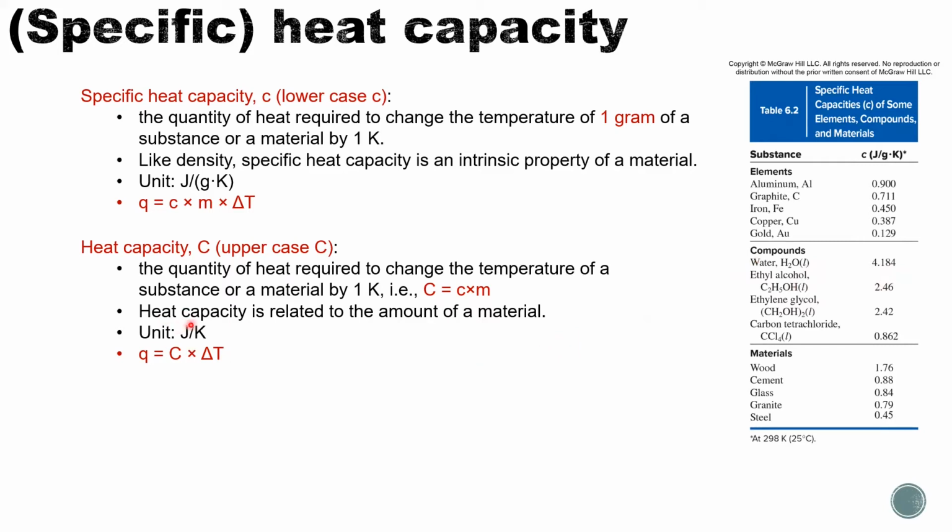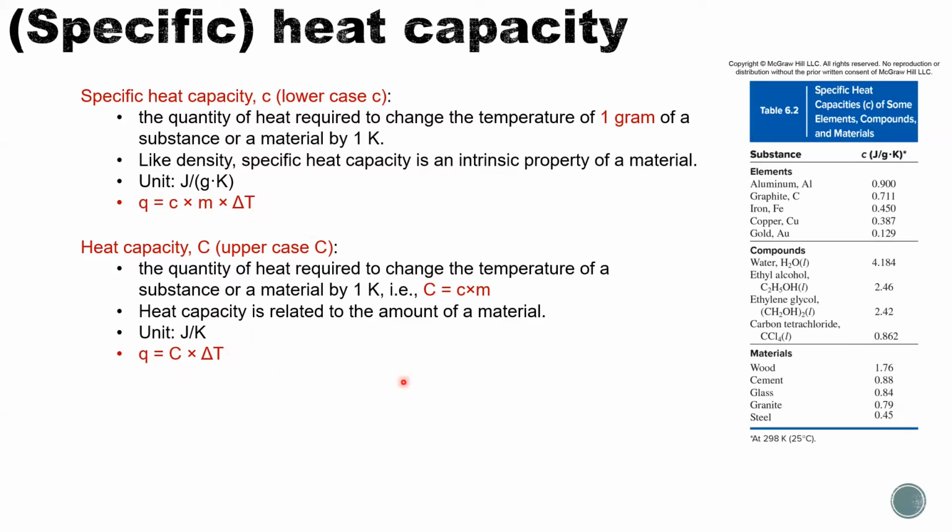The heat capacity, as I said, is related to the amount of a material. If you have more material, you have a larger heat capacity. The unit is joule per Kelvin. And the equation to calculate the heat is the heat capacity times the change of temperature. For the equations in red, you need to master, understand, and know how to use them in a problem.